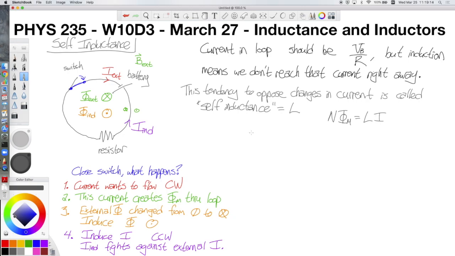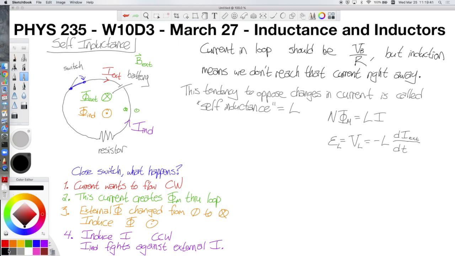Or the more important formula in my opinion, epsilon, the EMF of the inductor, so I'll put a subscript L there, or as I will more likely call it, V sub L, the voltage of the inductor, is negative the self-inductance times the rate of change of the current. And just a reminder, this is the external current we are talking about.